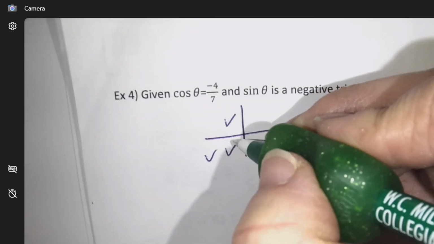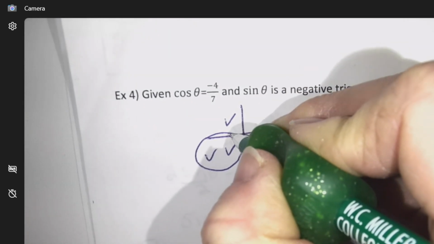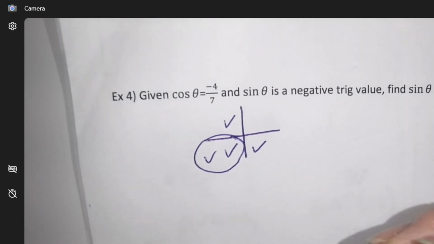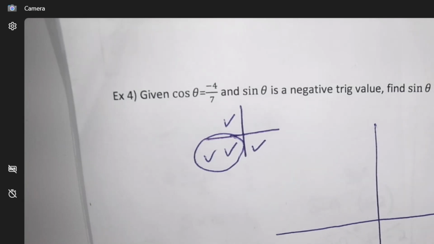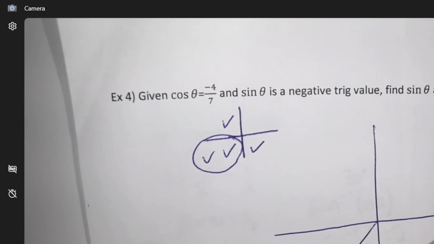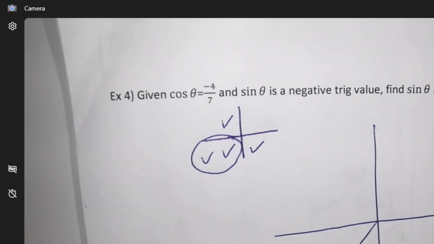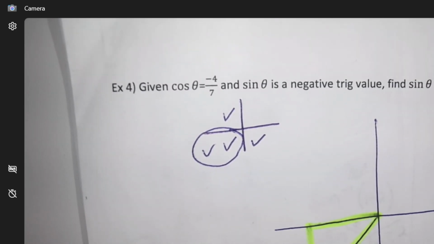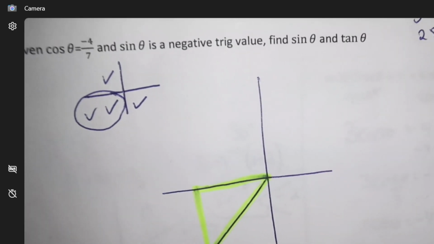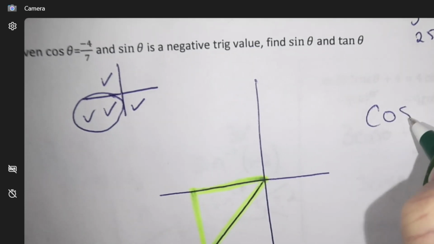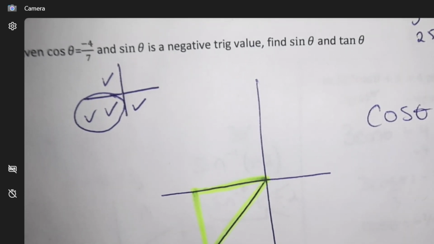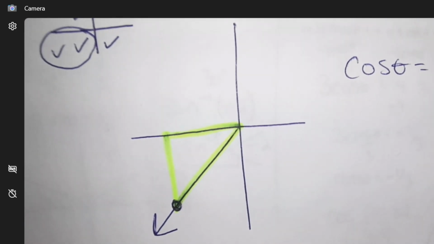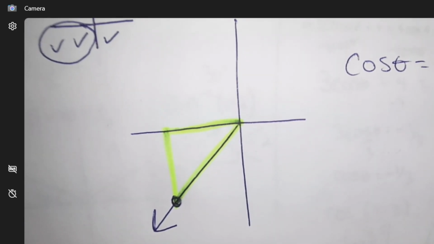Which one do I have to be in? Cos is negative, sine is negative. Okay, so I figured out my quadrant from the question.